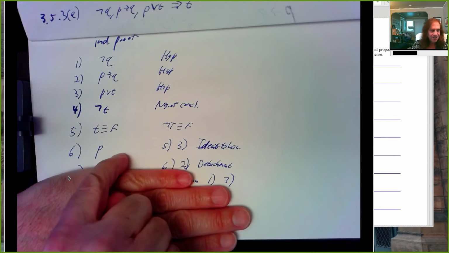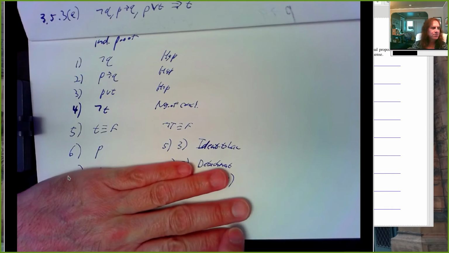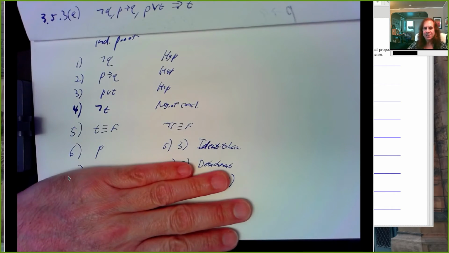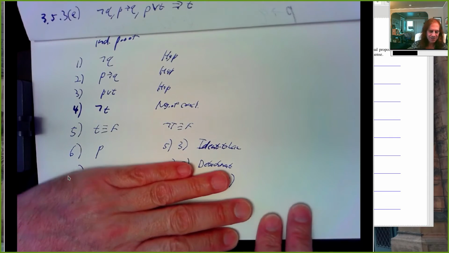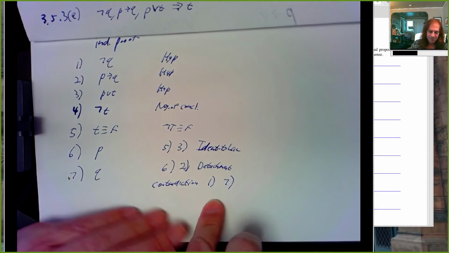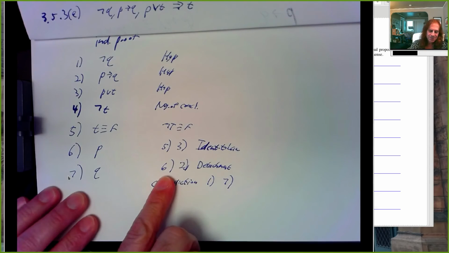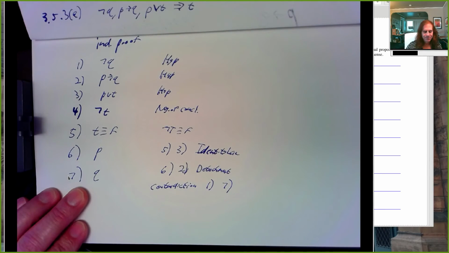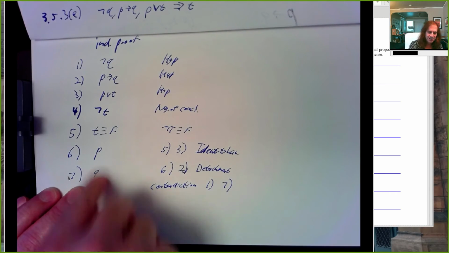But I'm not allowed to say contradiction at this point, because nothing on here directly contradicts each other unless you do some work. In particular, you do this work of applying detachment to steps 2 and 6 to show Q. Don't skip that work, okay? Spell it out until you've got something that clearly contradicts Q and not Q.